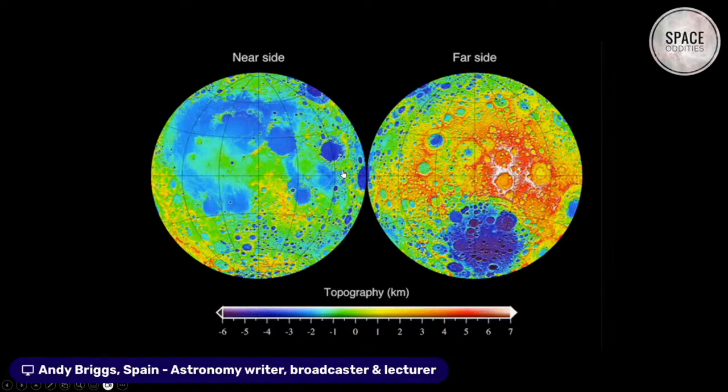We get to see a little bit of it occasionally when we can see a little bit of the far side of the moon. But as you can see, the near side is characterized by a lot of craters and quite mountainous terrain.